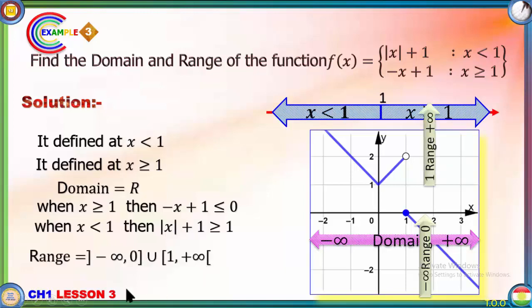Therefore, the range is from minus infinity to 0 and from 1 to positive infinity. Or we can say that the range is all real numbers except the open interval (0, 1).